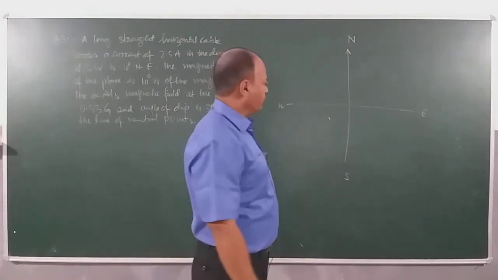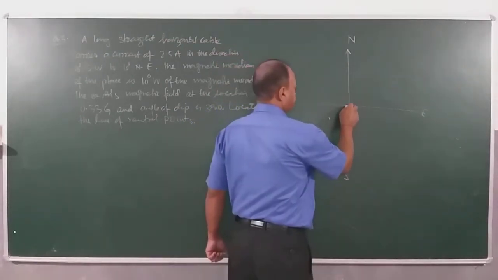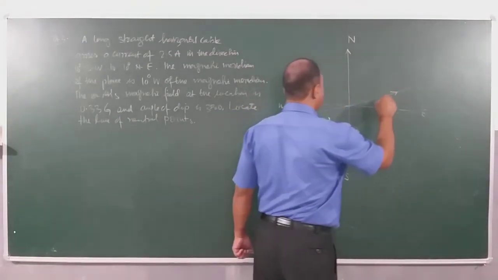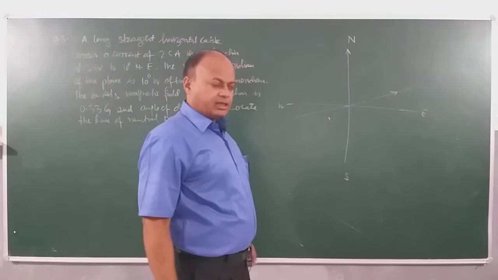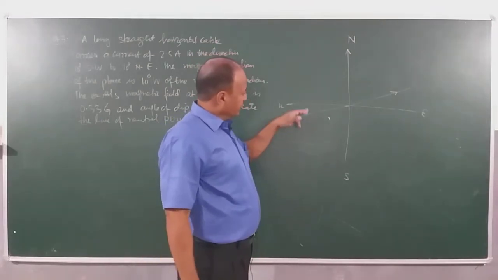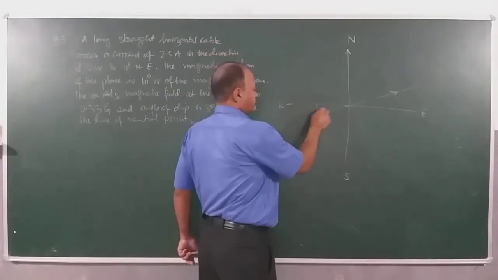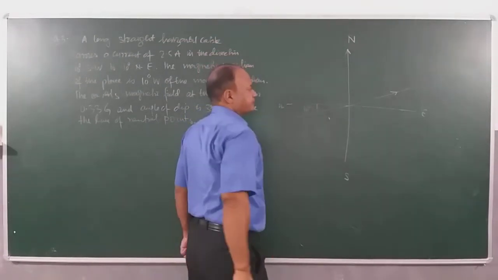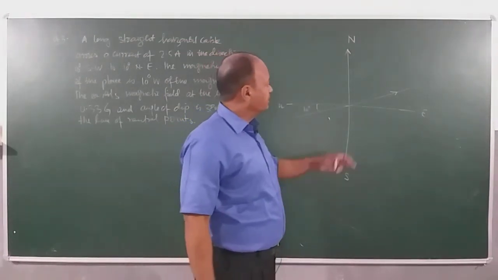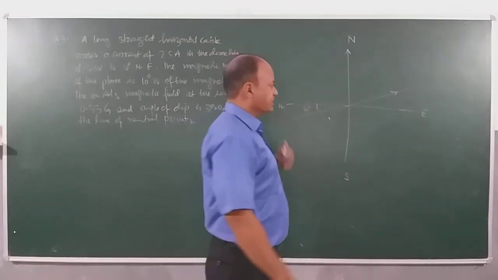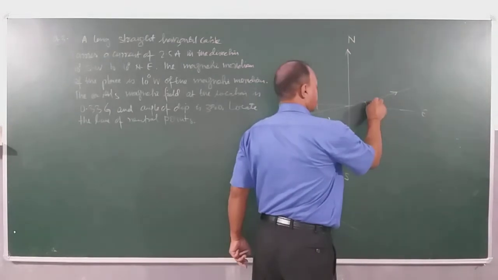Now this is a very long cable. This is how the cable is placed. It is placed 10 degrees south of west, or 10 degree north of east, like this.